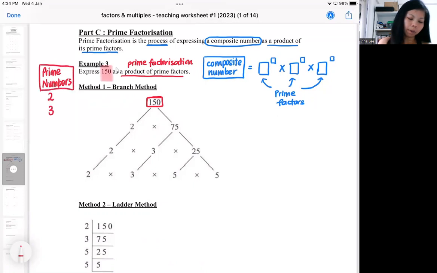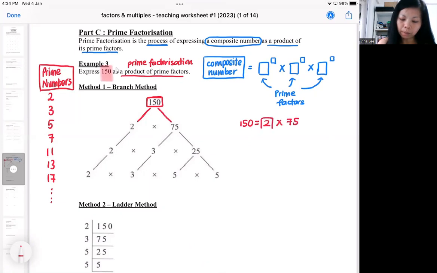You can write out the prime numbers, no need to write a lot, just the basic few. When I branch out, if I use 2 as a prime factor, it will be 2 times 75. So 150 is equal to 2 times 75.